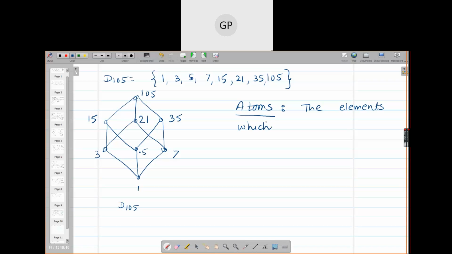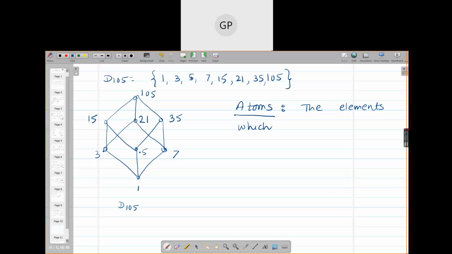Okay, let it be. Before atom, we need to define something else. We need to define the least element, greatest element. Before that, we should not define atom. Okay. So let us go ahead now. We want to see some more definitions.